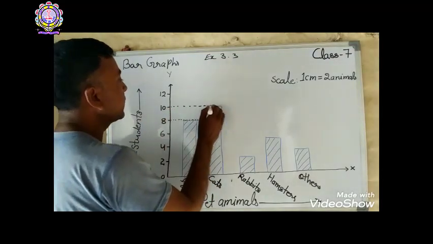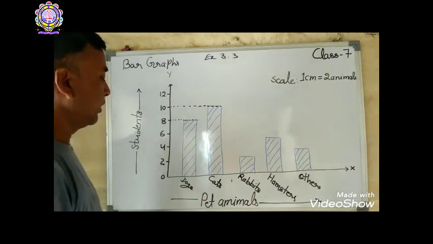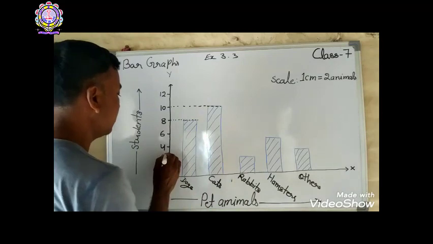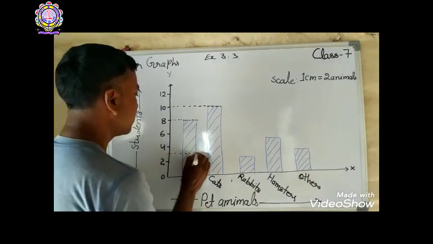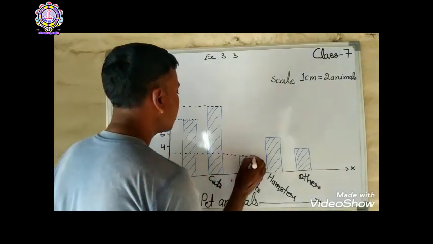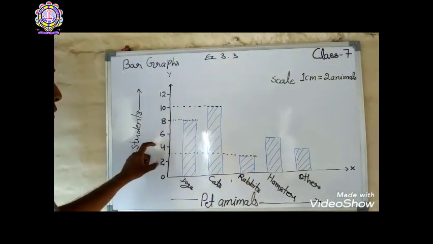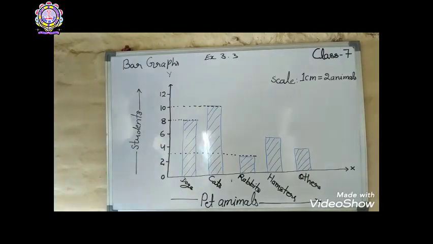Here you observe 10. Now how many students have a rabbit as a pet? That is 3 students, because between 2 and 4 that is 3.